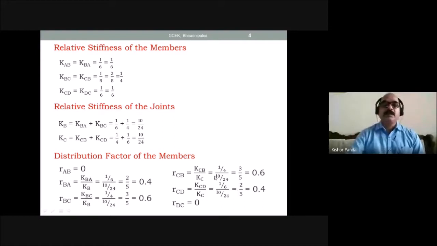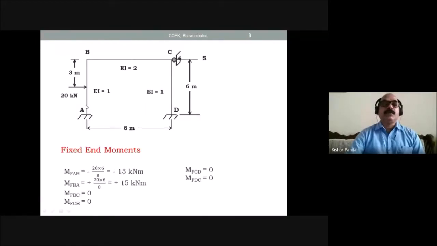Then after getting the fractional values, you add up all the moments and get the final moments in tabular form. So ABCD, you have to solve this frame as a continuous beam.